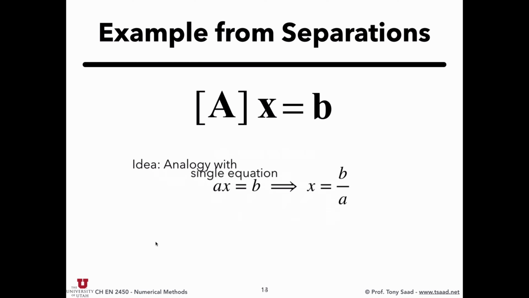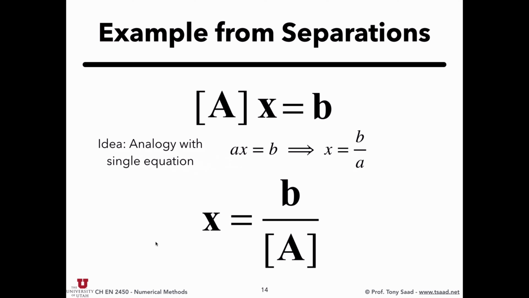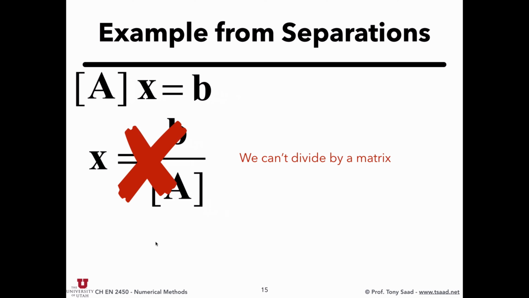So can we just do the same, x equal b over A? Well, if you remember your linear algebra, division by a matrix is not defined. What do you do? Do you take 1 over every entry? How does b over A work? You have a matrix in the denominator and a vector in the numerator, and the result should be a vector. So how do you carry out the division?